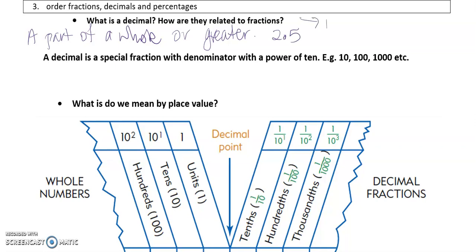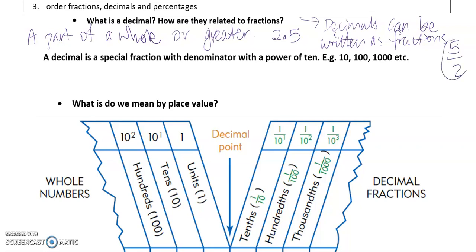Well, most decimals can be written as fractions. Okay, in other words, 2.5, I could write that as 5 over 2. That's a fraction.